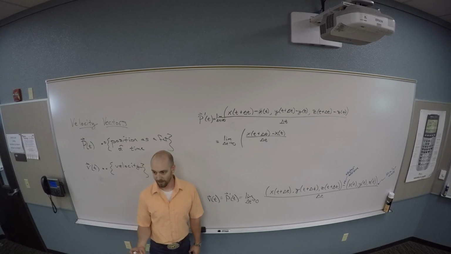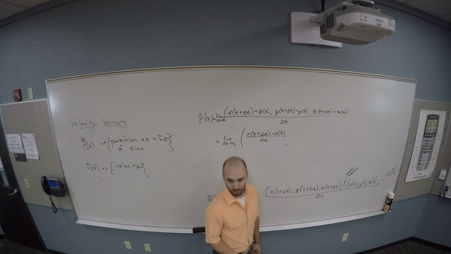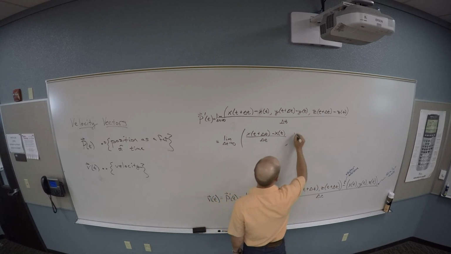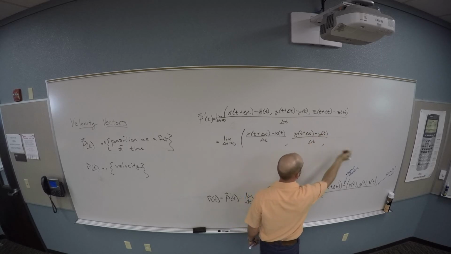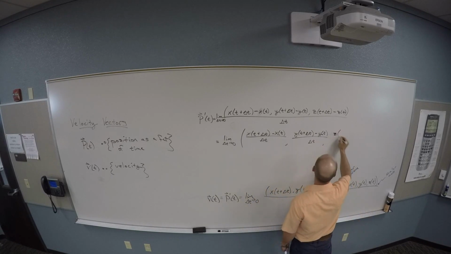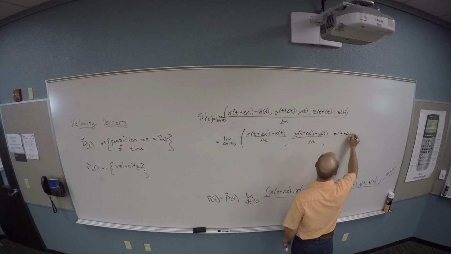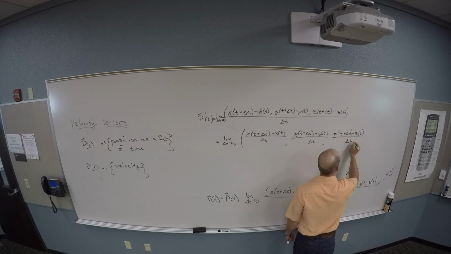And in the y slot, same thing, only x is y now: y of t plus delta t minus y of t over delta t. And in the z slot, same, only now y is z: z of t plus delta t minus z of t over delta t.